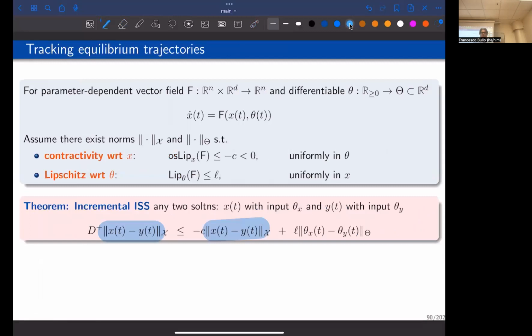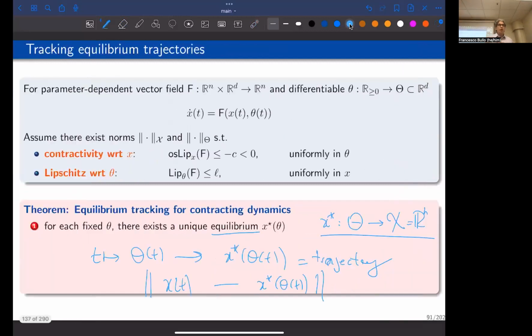The error that you're interested in is the distance between your trajectory and the trajectory of the optimal solutions, which is x star of theta of t. Does that make sense? It's still two curves, though. You have two curves, and maybe you're interested in the distance between the two curves. But when you're talking about the distance between two curves and how they change in time, it should not be too far away, right?